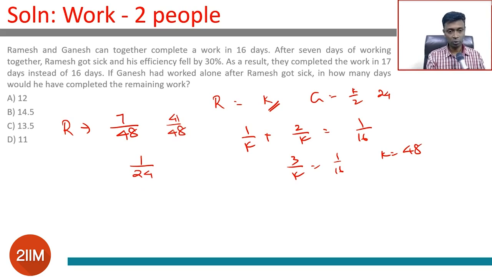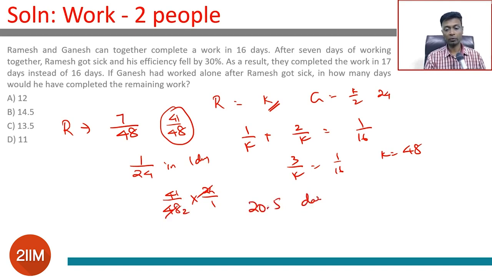So 41 by 48 needs to be done by Ganesh completely. Only 7 by 48 is done by Ramesh. Ganesh can do 1 by 24 in 1 day. Or totally he'll have to do 41 by 48 into 24 by 1. That many days he will take. Or 41 by 2, 20.5 days totally. So he'll finish in 20.5 days.